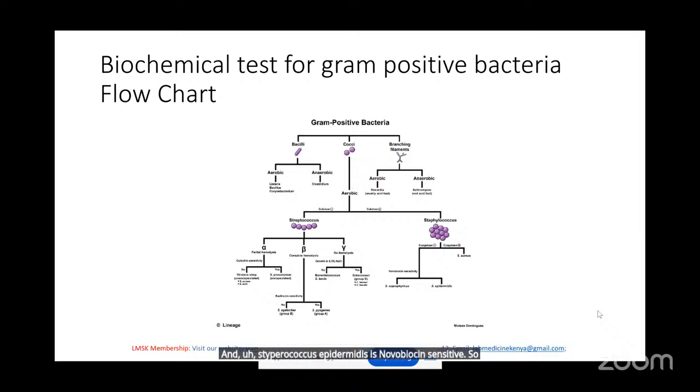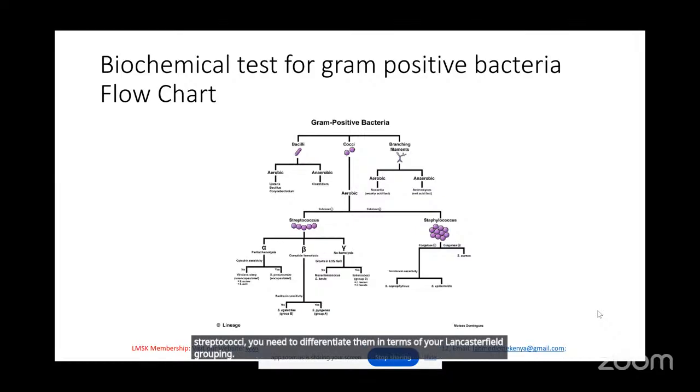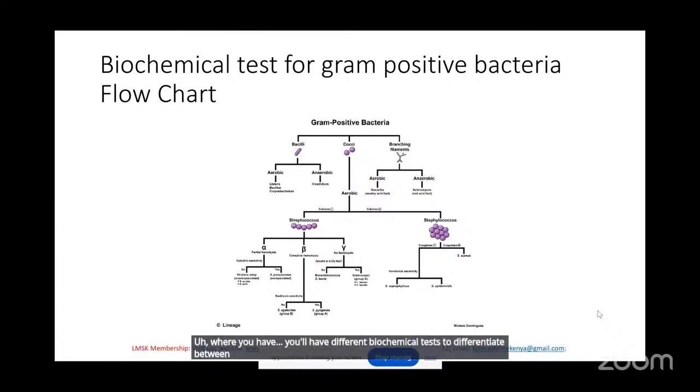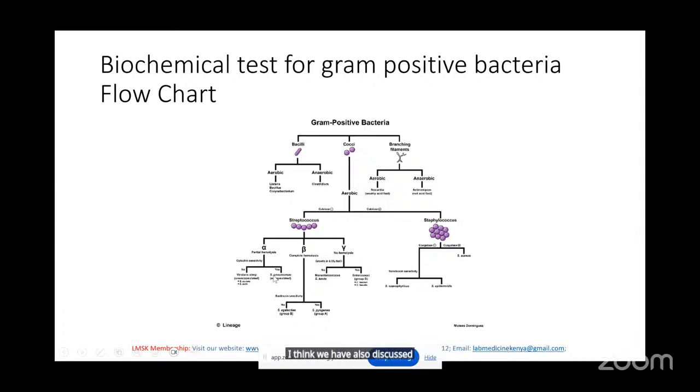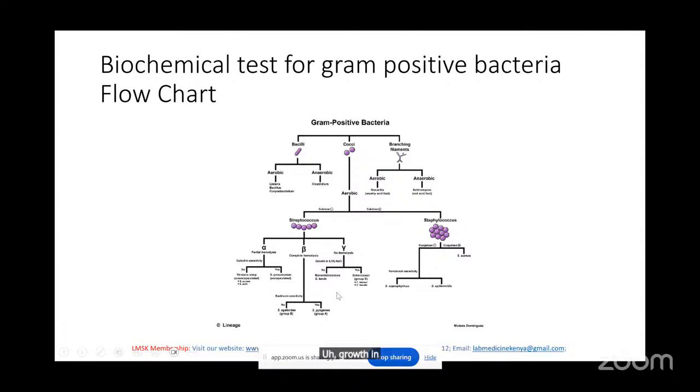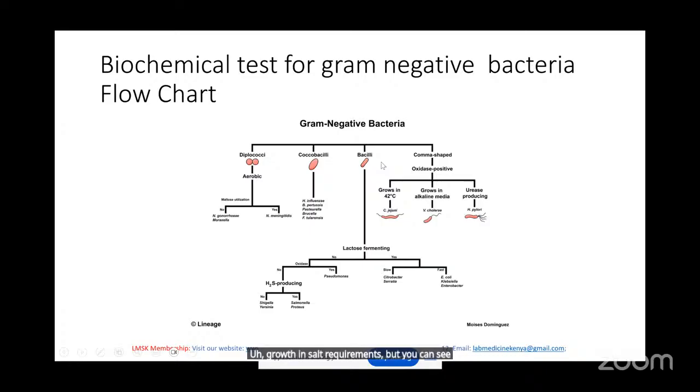For your Streptococci, you differentiate them in terms of your Lancefield grouping, where you'll have different biochemical tests to differentiate between your alpha, beta, and non-hemolytic Streptococci. I think we have also discussed the optochin test and the bacitracin test. We have not discussed the growth in salt requirements, but you can see it from the screen.